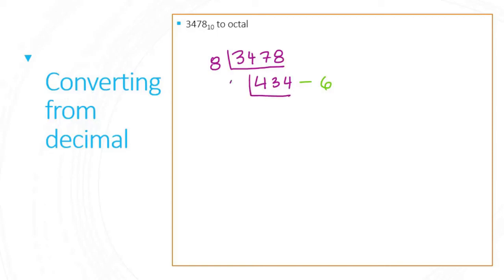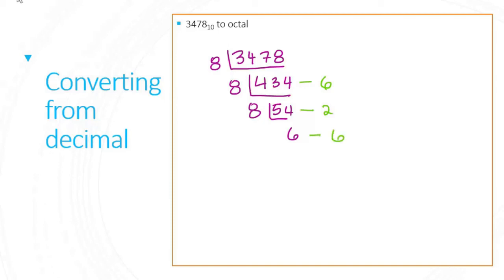434 divided by 8 is 54. When I remove my 54 groups of 8 from 434, I have a remainder of 2. 54 divided by 8 is 6. When I remove 6 groups of 8 from 54, I have a remainder of 6.